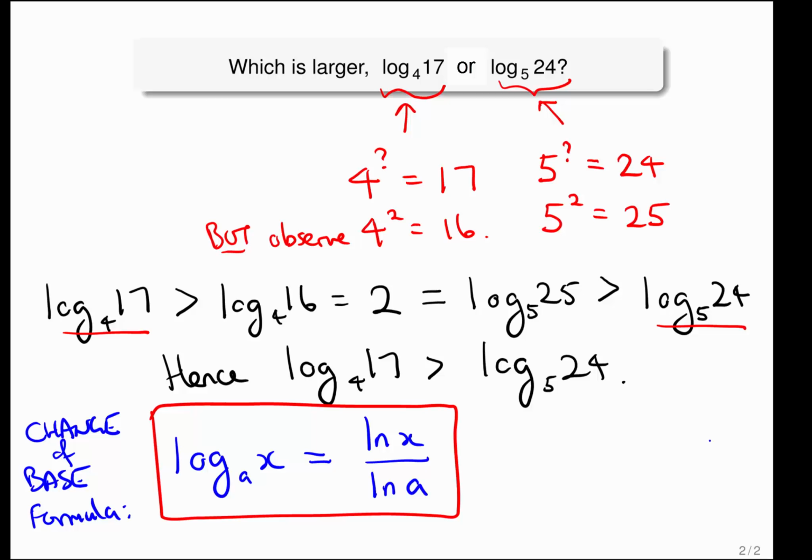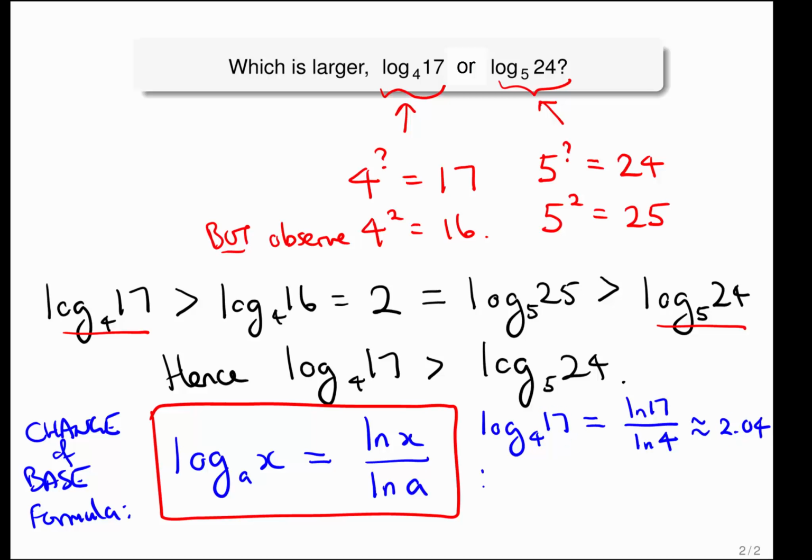By using the change of base formula, log of 17 to the base 4 can be converted to ln of 17 divided by ln of 4, which, when using your calculator, gives approximately 2.04. Therefore, 4 to the power of roughly 2.04 gives you 17.